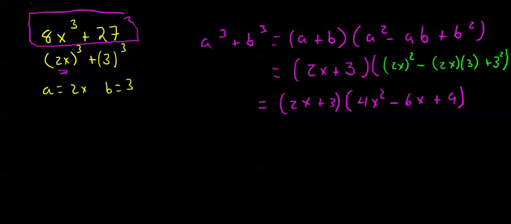And when you have a times b, it's 3 times 2x. All right? Very simple. You must memorize these formulas. You must memorize them, and you're expected to know them in calculus. It's something you're expected to know, so it's a lot easier to refresh your memory in 12th grade if you actually memorized it now.